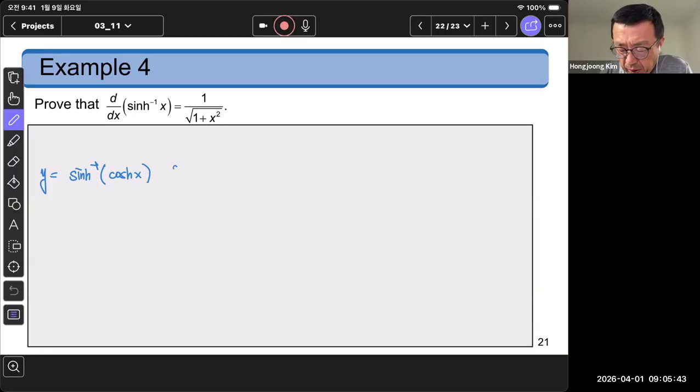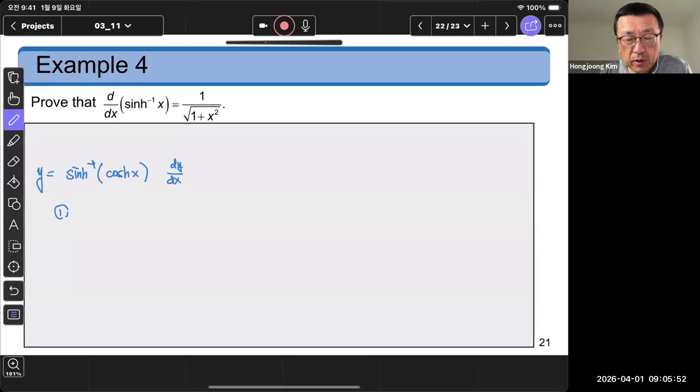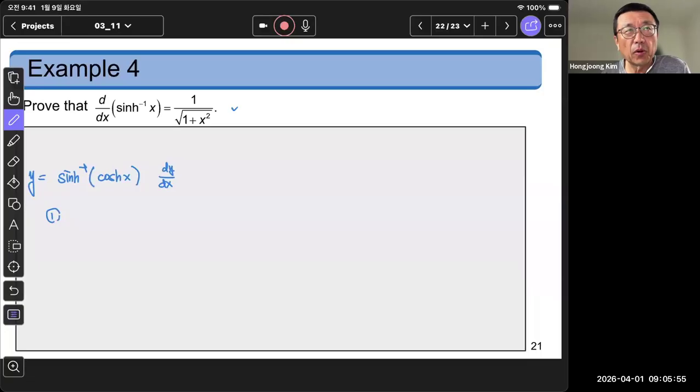If I ask you to find dy/dx, the first way is using the chain rule with this formula. We have the composite of two functions, so we can use the chain rule. We first differentiate the outer function. If I differentiate the inverse of hyperbolic sine, we get 1 over the square root of 1 plus x squared. The chain rule says we need to first evaluate this derivative at the inner function.